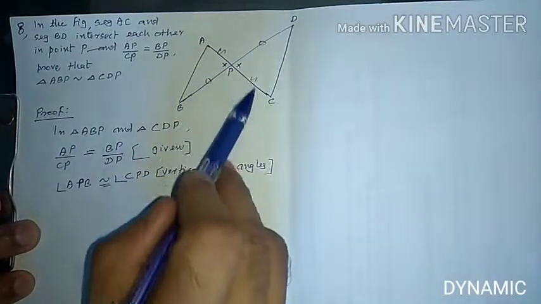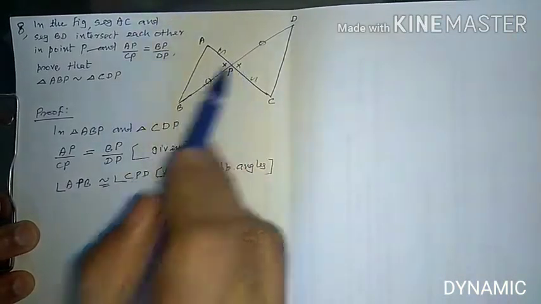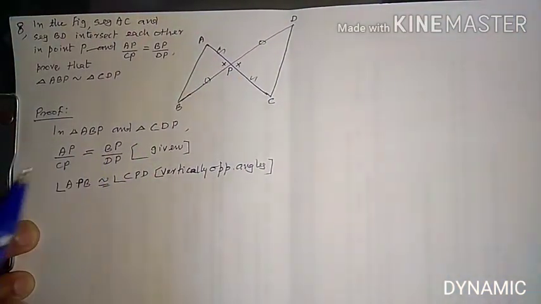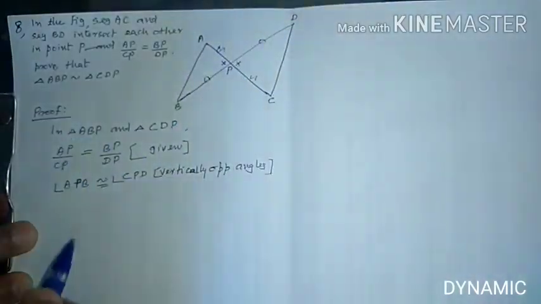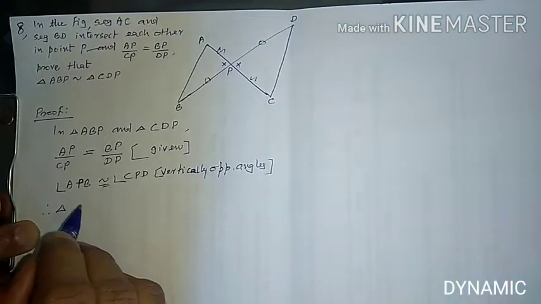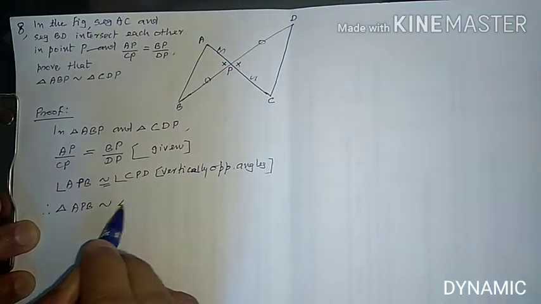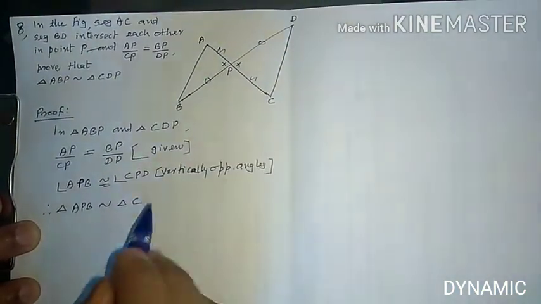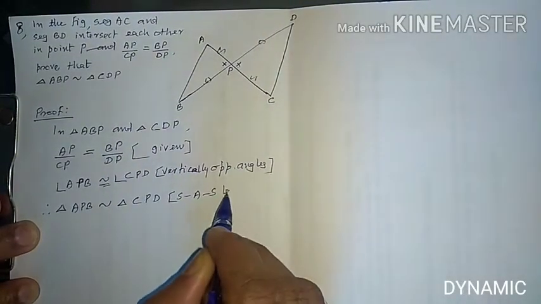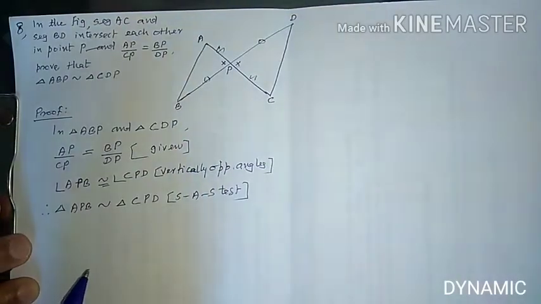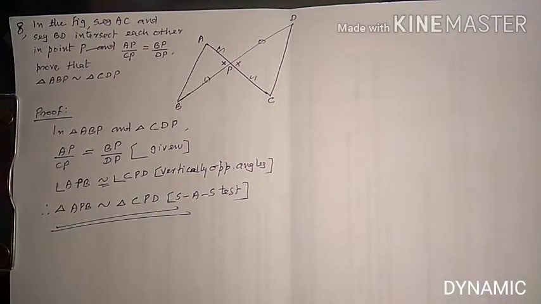Two sides are in proportion and the angles included by them are congruent, so the triangles are similar by SAS test. Therefore, triangle APB is similar to triangle CPD by SAS test. That much only we have to prove. So the problem is over. Only 2 steps, very simple.